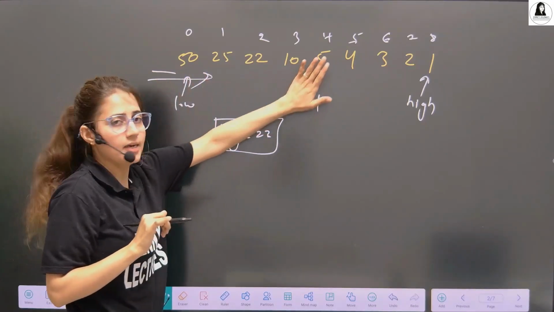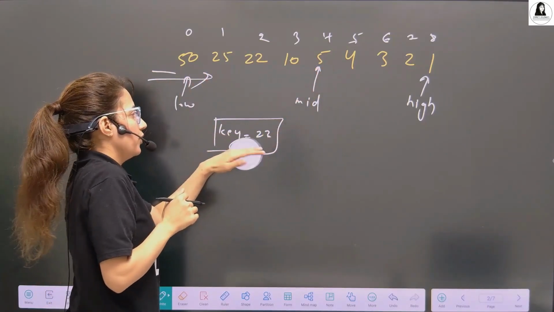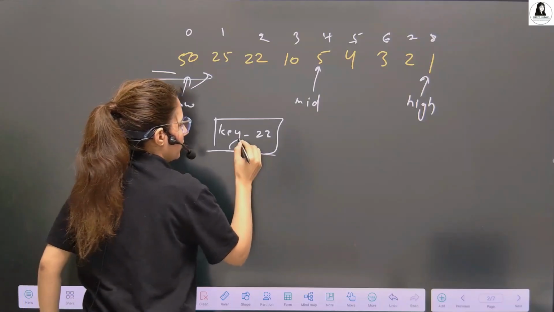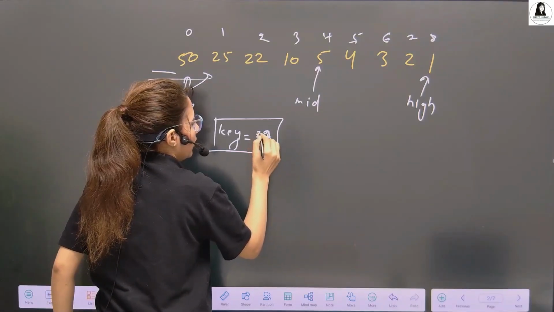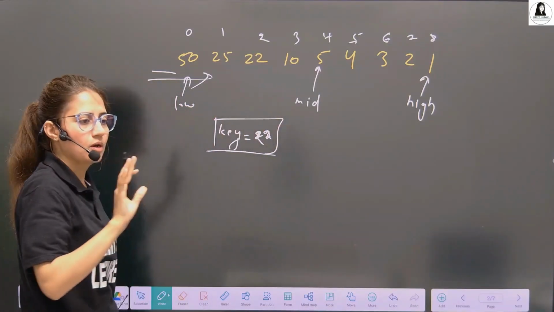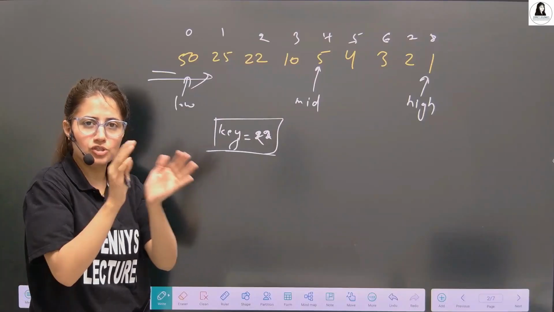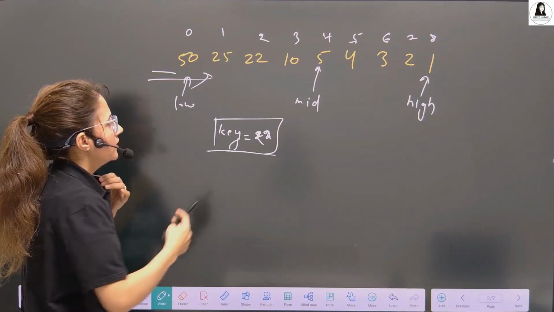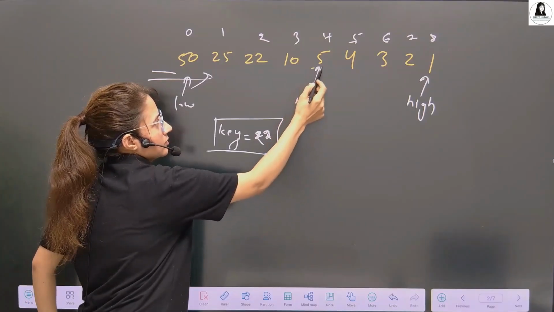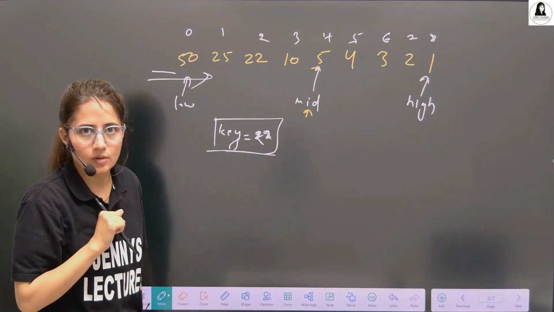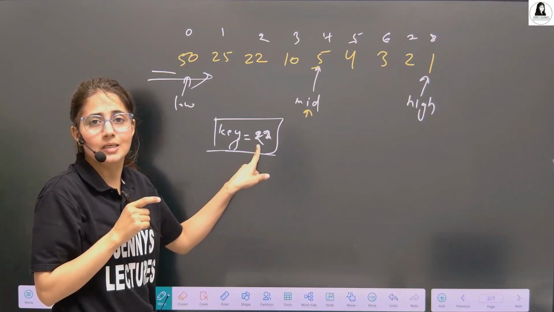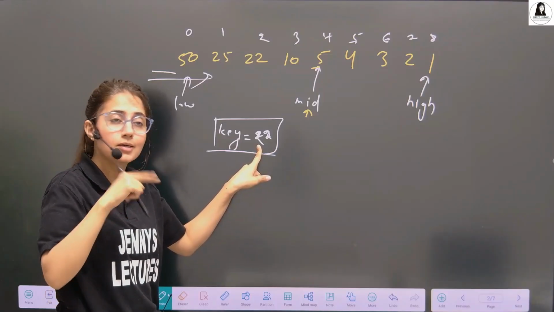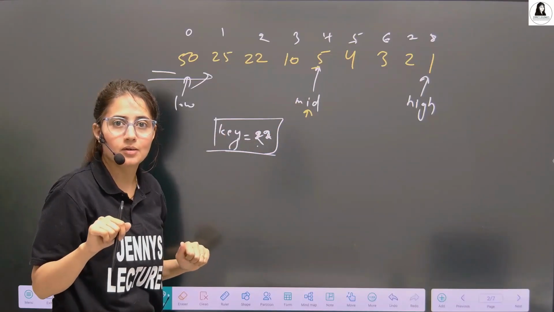This is the array in descending order. I want to find 22. You have to apply binary search, and you have to change the logic a little bit. Now, if it's 22, check with mid. This is 5, this is 22. It's not equal. Now, we know that our key, the target element, is greater than our mid element.